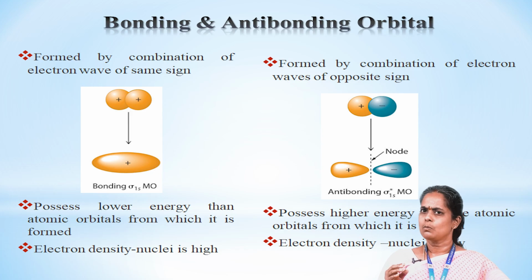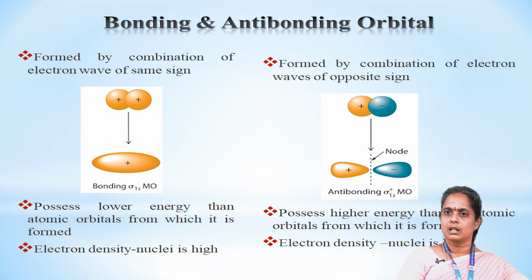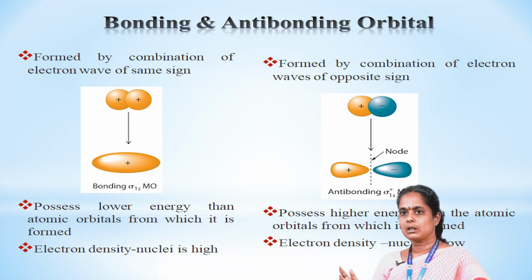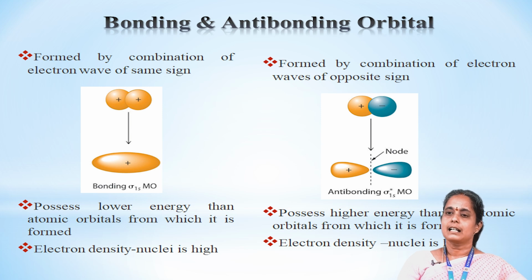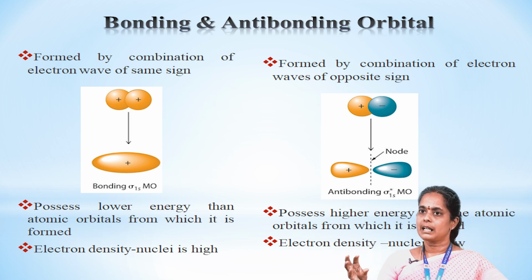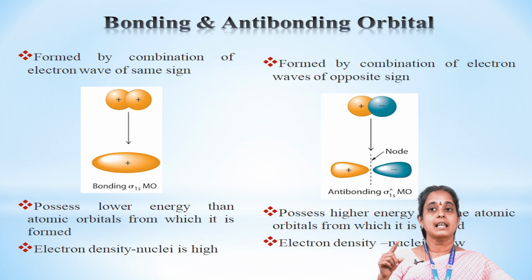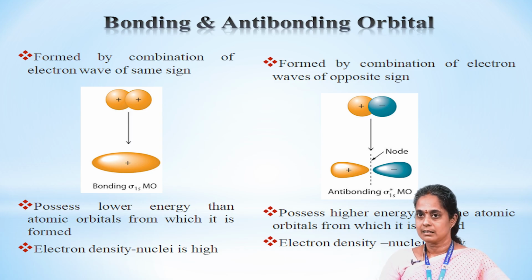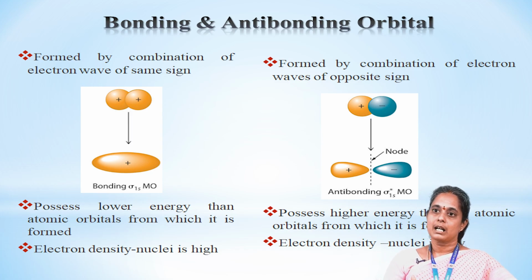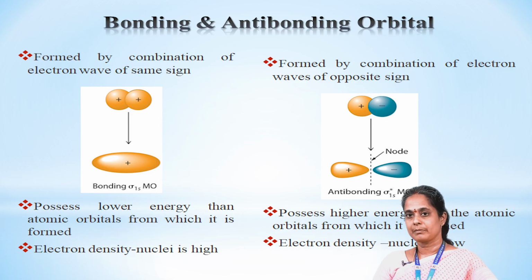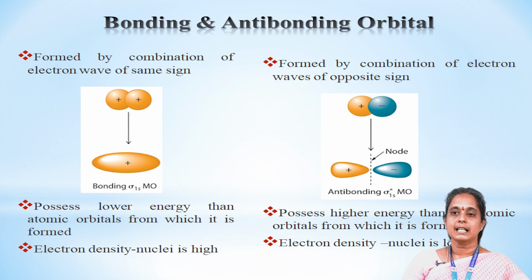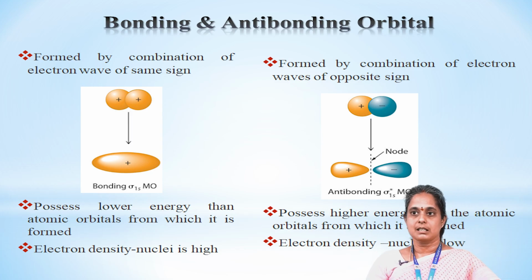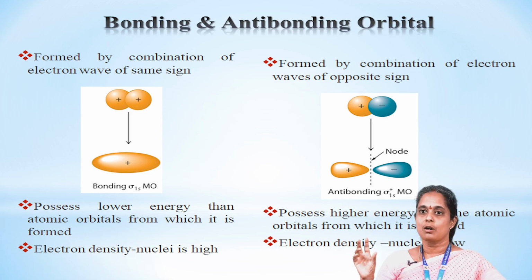Now let us see the difference between the bonding molecular orbital and the anti-bonding molecular orbital. The bonding molecular orbital is formed by the combination of electron waves having the same sign, that is by the addition overlap of atomic orbitals. The bonding molecular orbital possesses lower energy than the atomic orbitals from which it is formed.